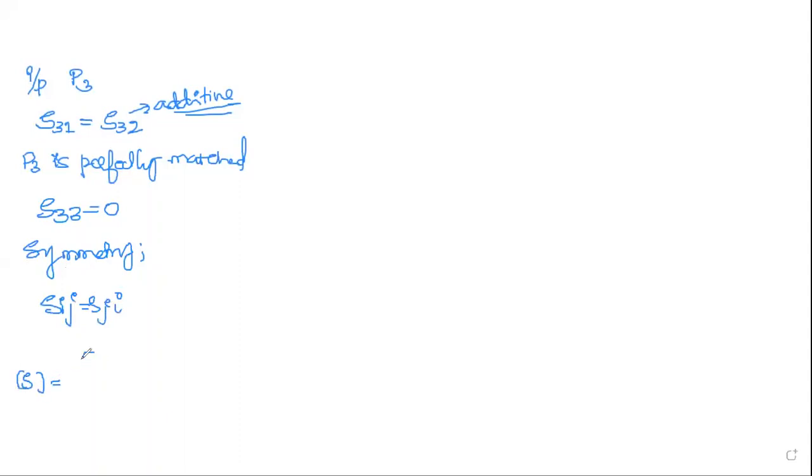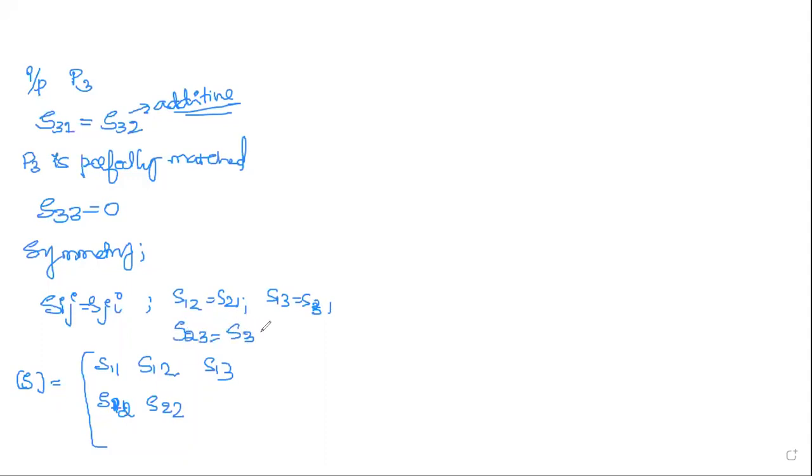Now if you write the S parameter, this will again be S11, S12, S13. Similarly, S21 will be written as S12, then S22. S12 is equal to S21. Similarly, S13 is equal to S31. Now, talking about S23, this is also equal to S32.